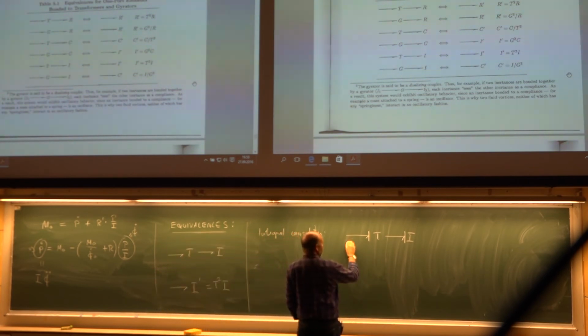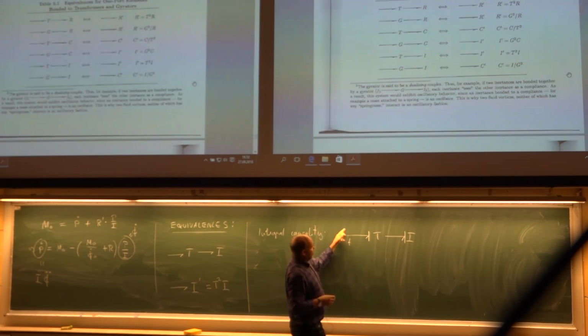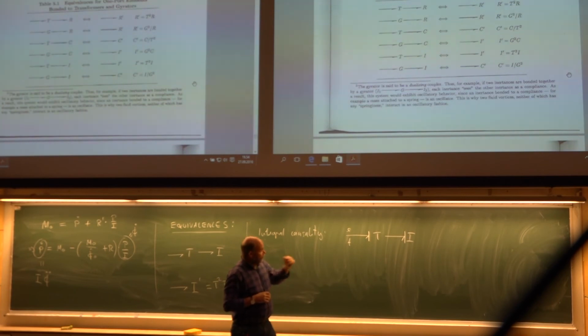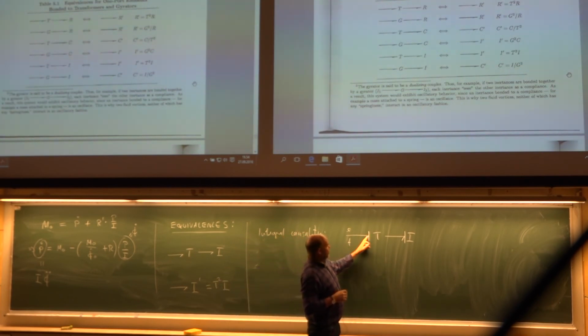You can start here with flow, and here you start then, or you have an effort. When you have the causality like this, then it is the effort hitting the transformer, always the effort towards the strokes. So what will the effort be on the other side?